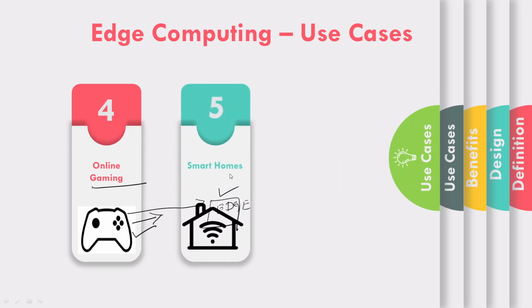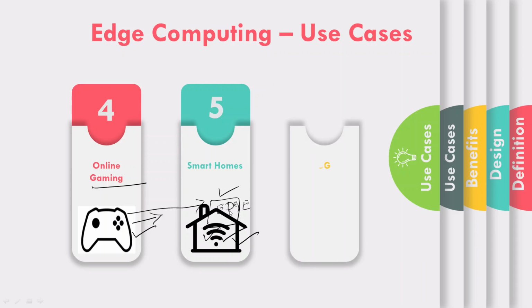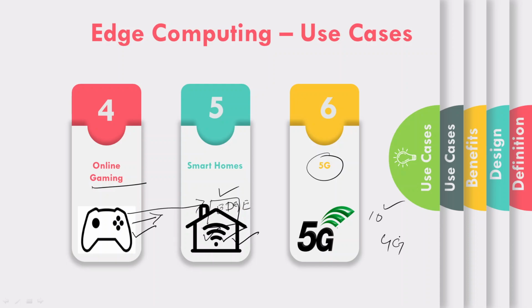Another use case of edge computing is the smart home. This is synonymous with the Internet of Things because smart homes contain all the IoT devices that we already discussed. And then at last, 5G. 5G promises a many-fold, almost tenfold increase in the speed of 4G.